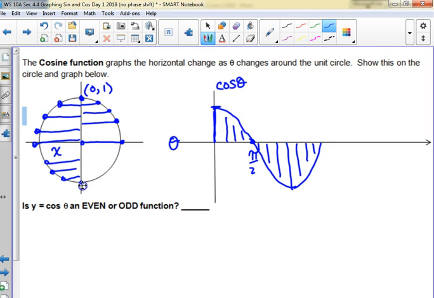Until, what's this spot down here where it's 0 again? 3 pi over 2? And now the x values do what as we go to the right again? They become positive and they get longer until we're back to 1.